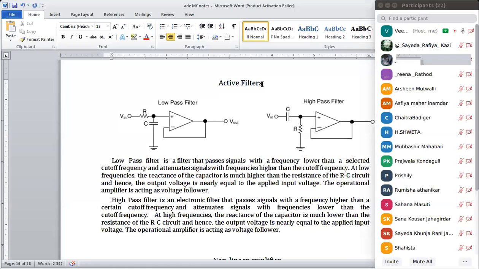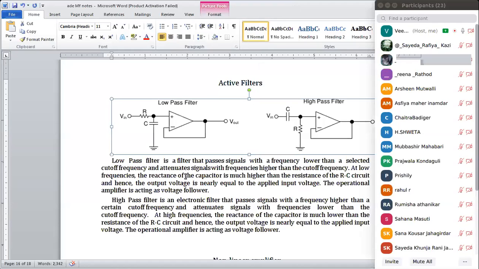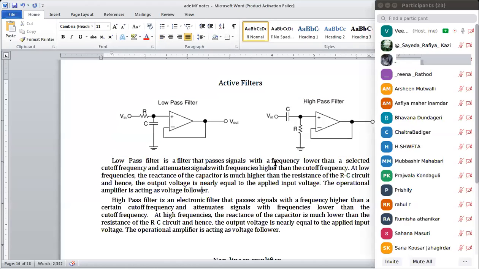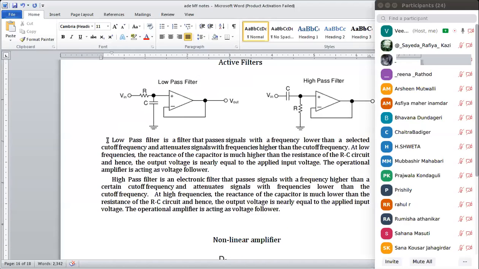Okay, in this we have two types of filters: a low pass filter and a high pass filter.